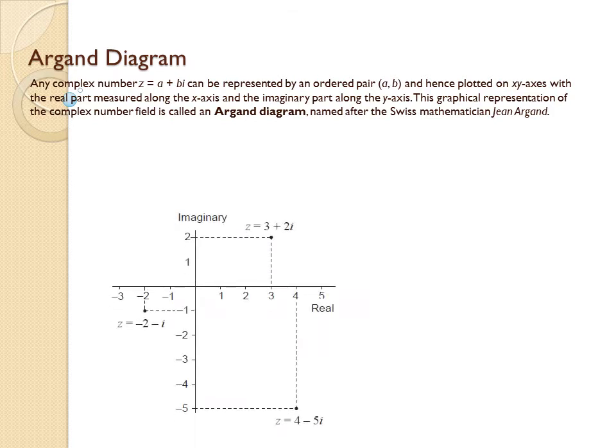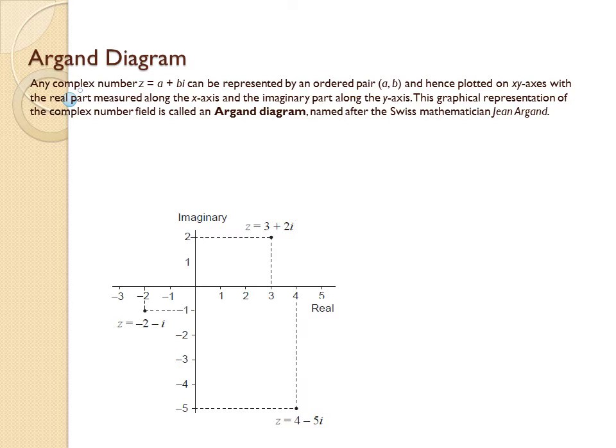So let's see what this is. If I see this particular plane, on the positive x-axis we have put 1, 2, 3, 4, 5. The imaginary axis is the y-axis, where we have put 1 and 2.